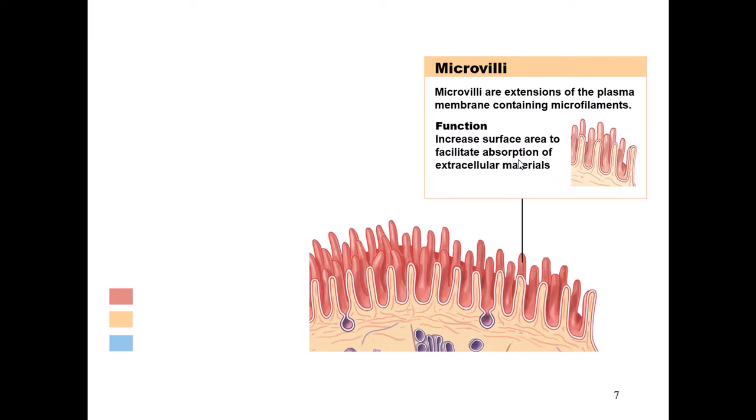One of the places we would find cells with microvilli would be in the intestines. So all the nutrients that you're absorbing from your diet, hopefully a nice healthy diet, are coming in through the microvilli. They're finger-like projections that aid in absorption.